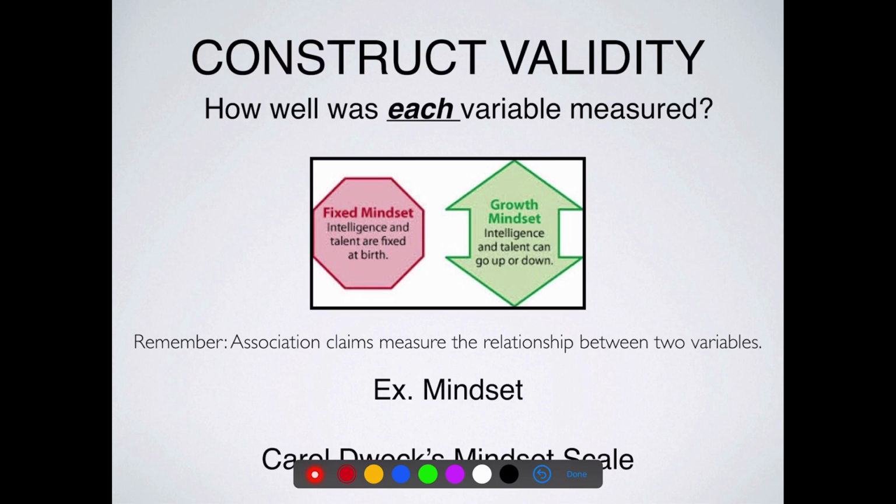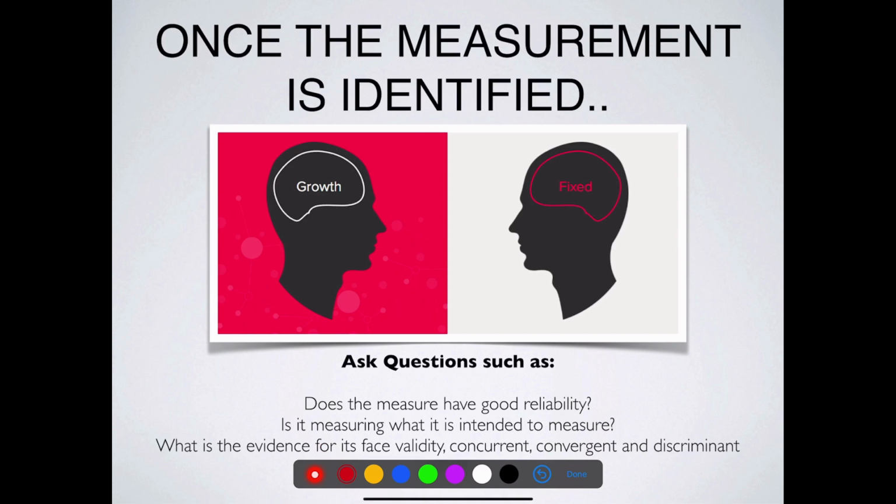So let's go over this example. We have mindset that was developed by Carol Dweck, currently at Stanford, and she developed her mindset scale to measure this. So if we go to the next slide, we have two aspects of mindset. You have growth and you have fixed, right? So when we're looking at this, we have to say, okay, what actually is this concept, this construct that she's calling mindset?